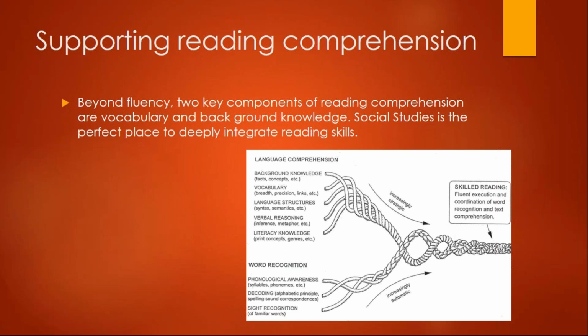So when we go beyond fluency and look at 2 of those components in language comprehension, we see vocabulary and background knowledge as 2 vital pieces of that thread. And social studies is the perfect place to deeply integrate those reading skills. The best way to build vocabulary is through exposure and content. And where does a vast majority of vocabulary growth occur in school? In social studies.